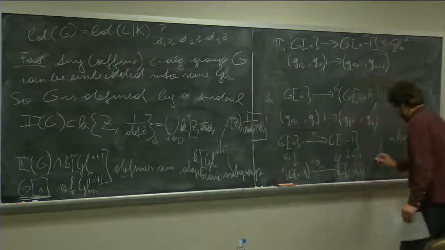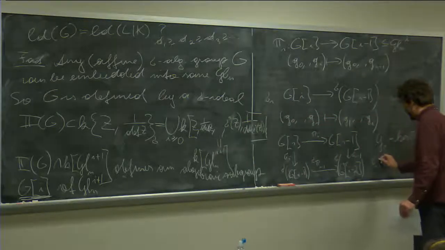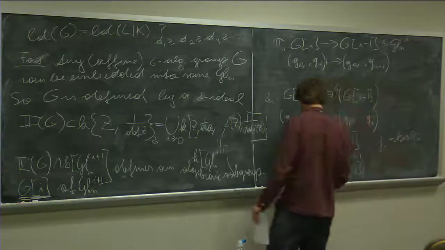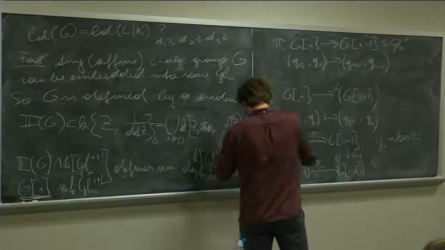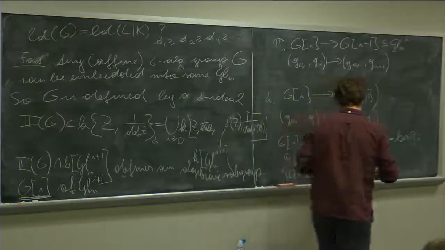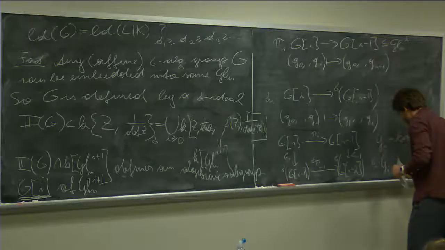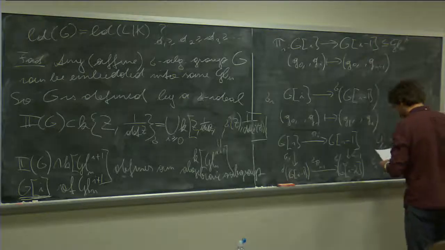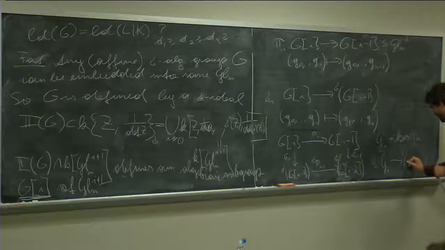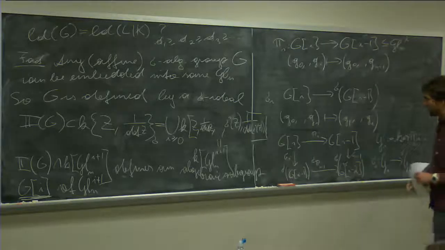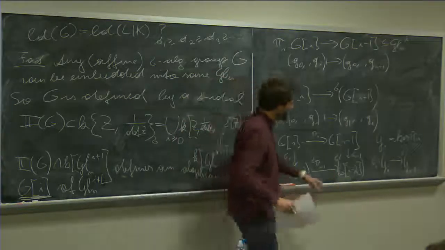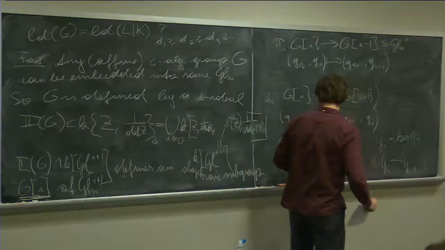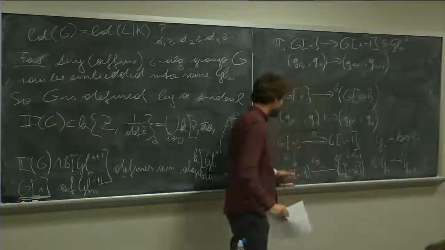So this means that sigma_i induces a map from G_i to sigma G_{i-1}. So sigma G_{i-1} is the kernel here, and so sigma_i has to map the kernel into that kernel.